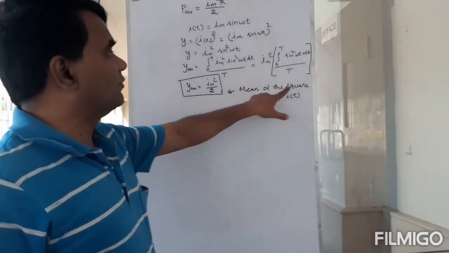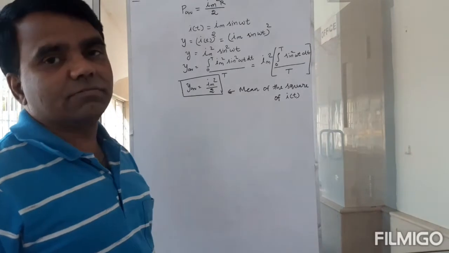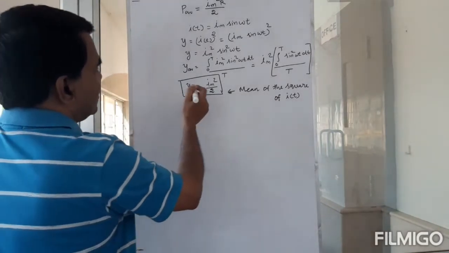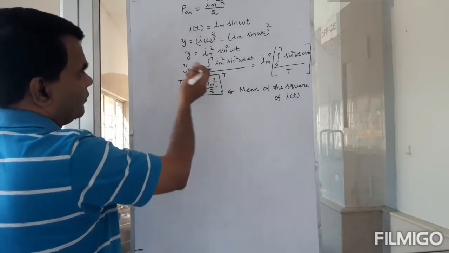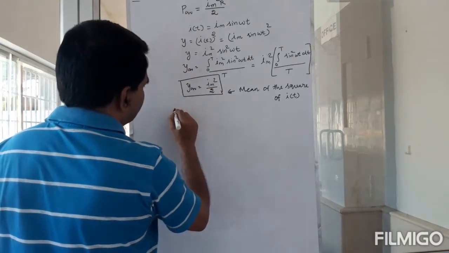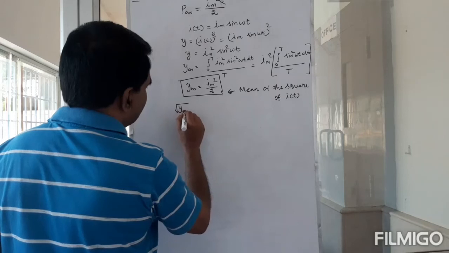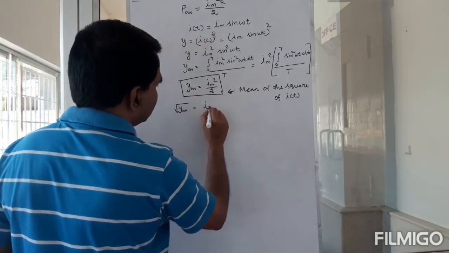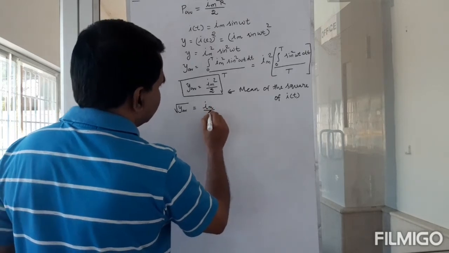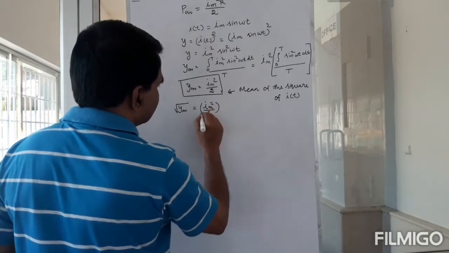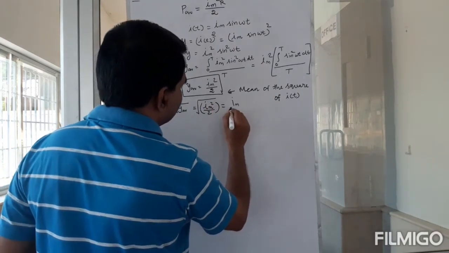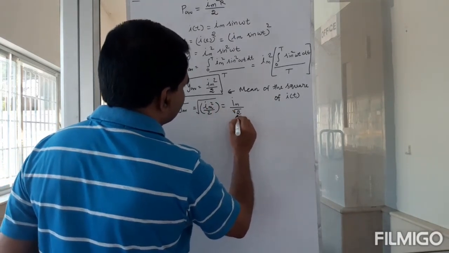So the mean of the square of I of t is this. Now what if I take the root of this? If I take the root of the average, that is going to be equal to the root of Im squared by 2, so that will give me Im by root 2.